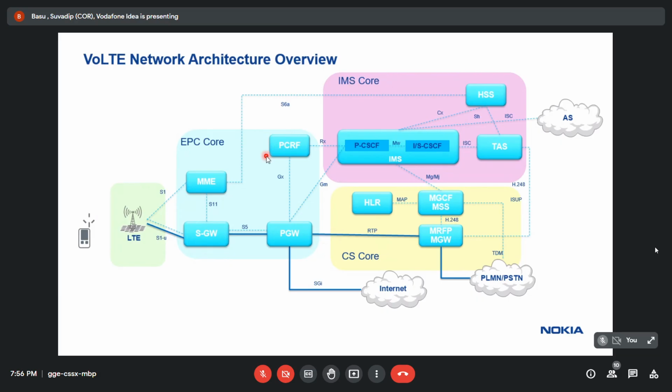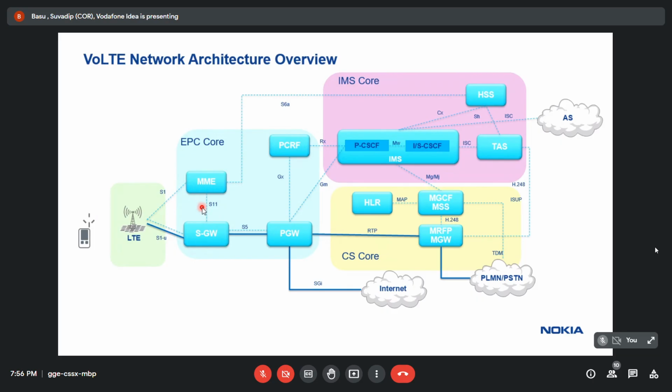Then we have got a PCRF, policy and charging rules function, that is controlling the QoS, which I was talking about. And then this very intelligent and brilliant element is there, which is called the MME, the mobility management element. This MME is acting as the VLR in the VoLTE scenario, or in the 4G voice call scenario.